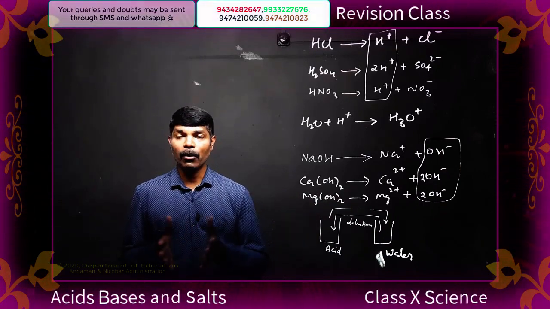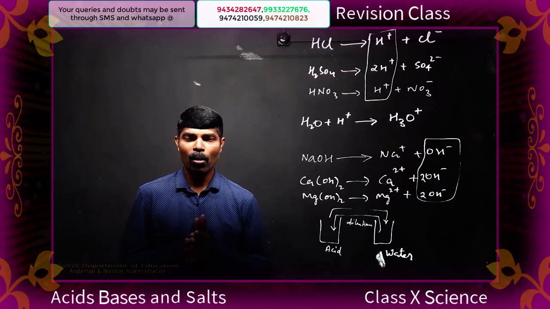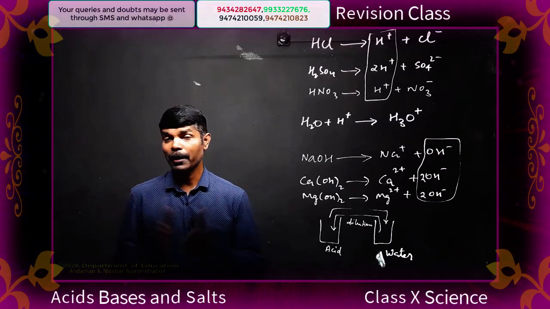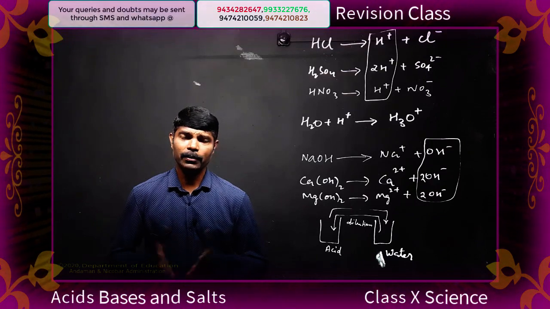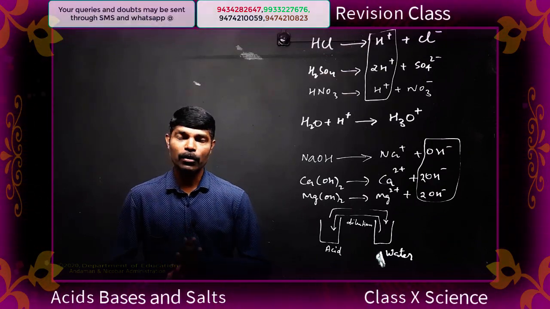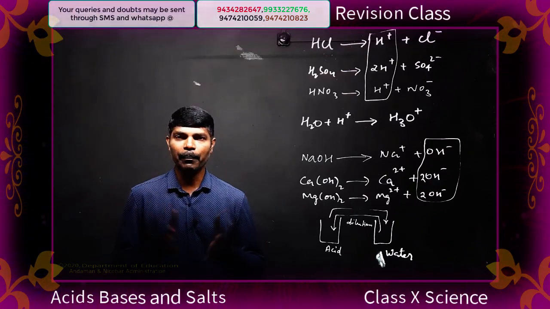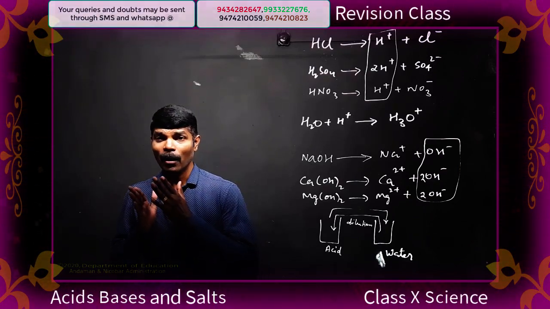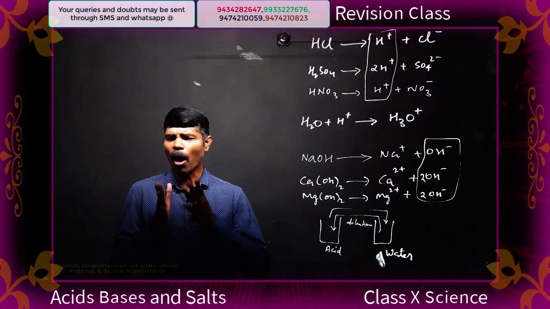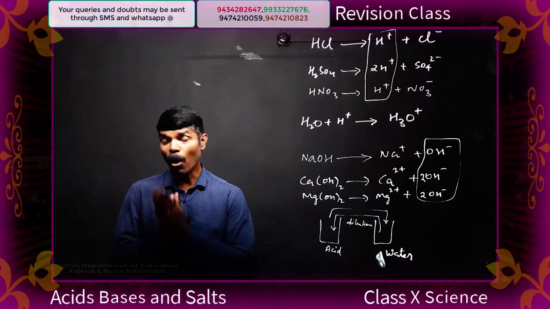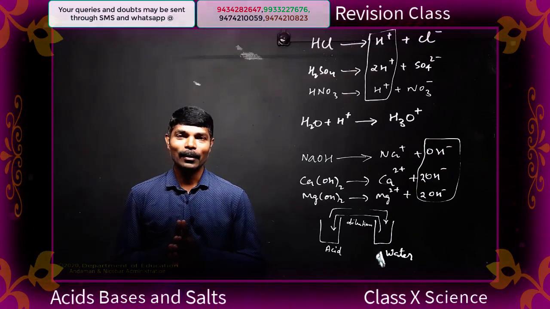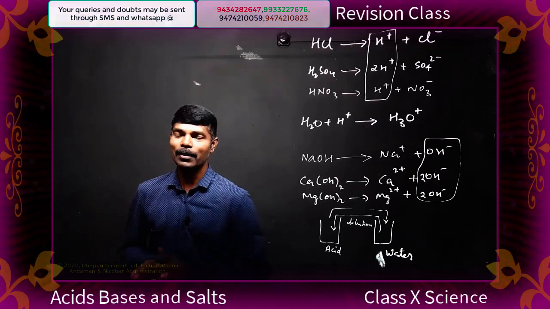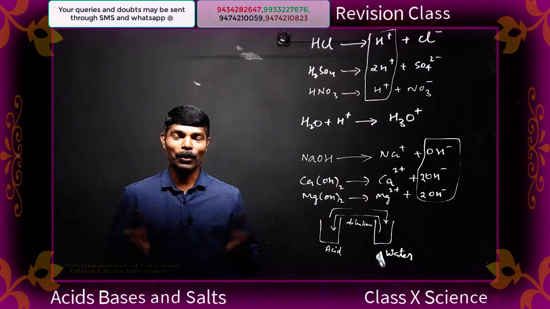One more thing about acids and bases we should know. In order to detect the acid, we can use litmus paper or any other indicators. With those indicators we can test for the presence of acids and bases. But in order to check how strong the acid is or how strong the base is, the indicators we have used for testing will not work.